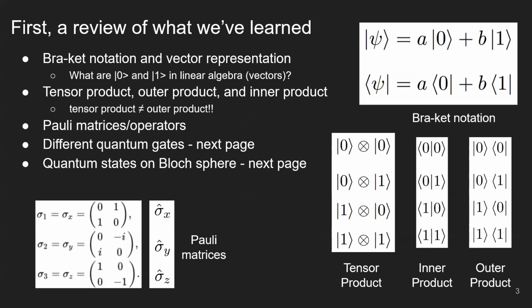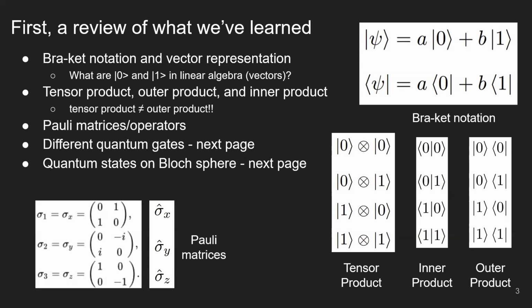And you have coefficients a and b in front of them. And then we have the condition that the magnitude of a squared plus the magnitude of b squared has to equal 1. And that's just a normalization requirement. Then we have this bra version of the same thing, and that's all there is to it. We're just going to use the ket notation. That's all you need today.